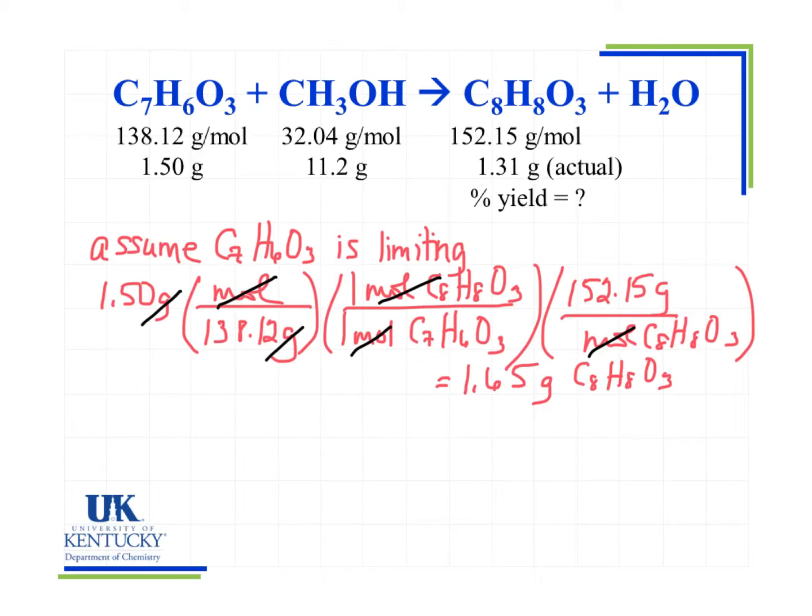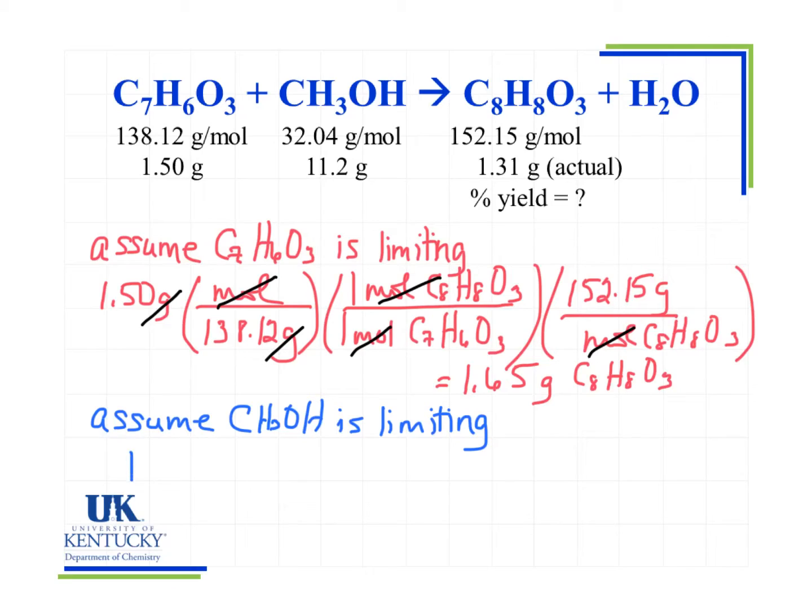Now I need to do a similar calculation. This time, though, I'm going to assume that our methanol, CH3OH, is the limiting reagent. And I'm going to see how much product I can make if the methanol is limiting the amount of product, or that maximum yield of product.